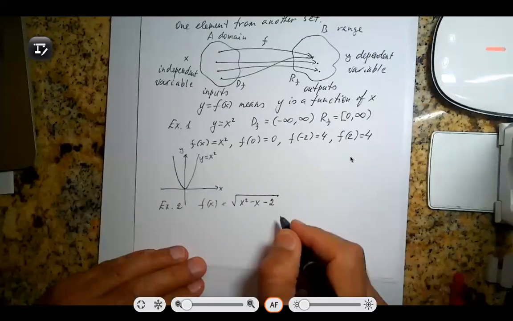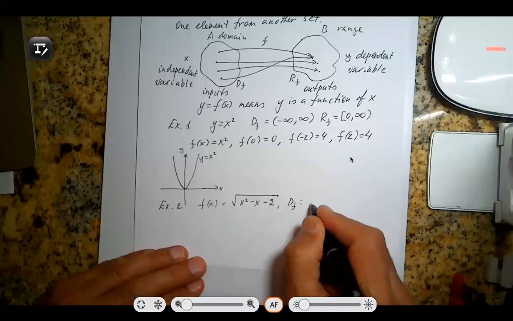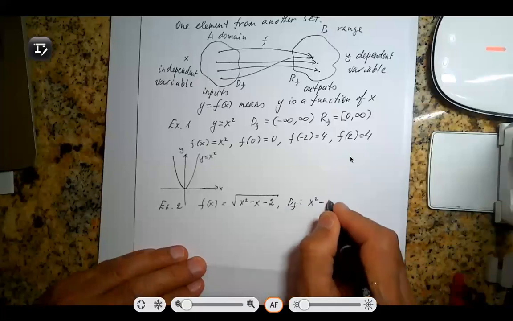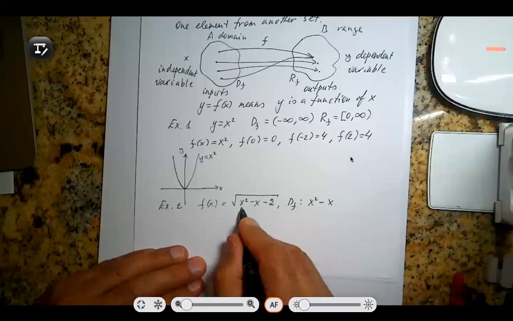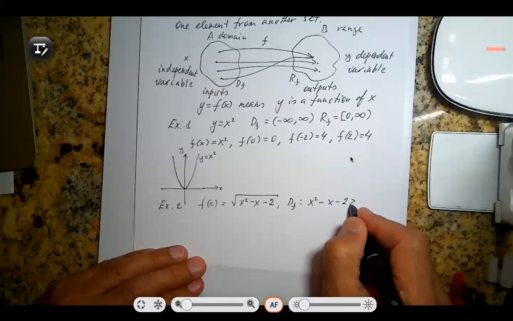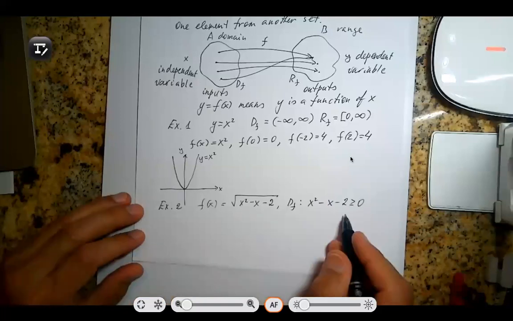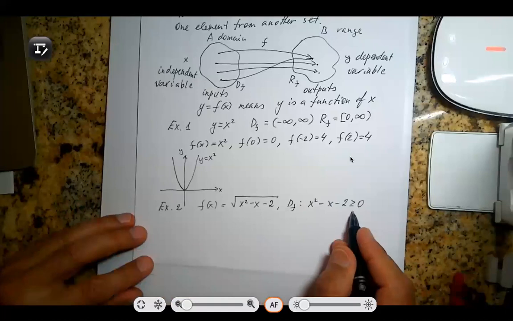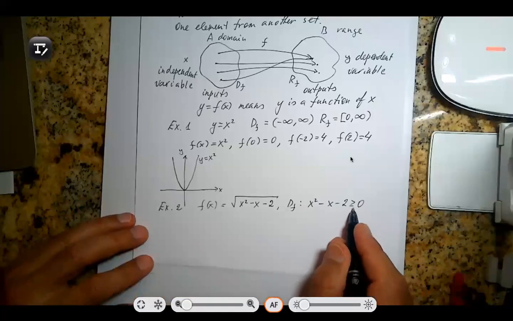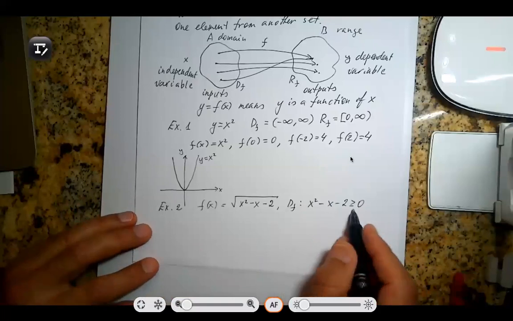So let's find the domain of it. To find the domain of this function, the quantity under the square root must be greater than or equal to 0. If it's negative, we end up with complex numbers, which we're trying to avoid. So the solutions of this, you know how to solve inequalities.